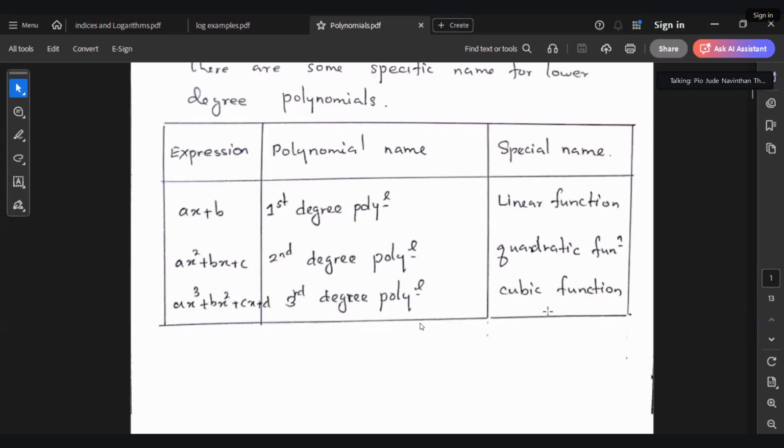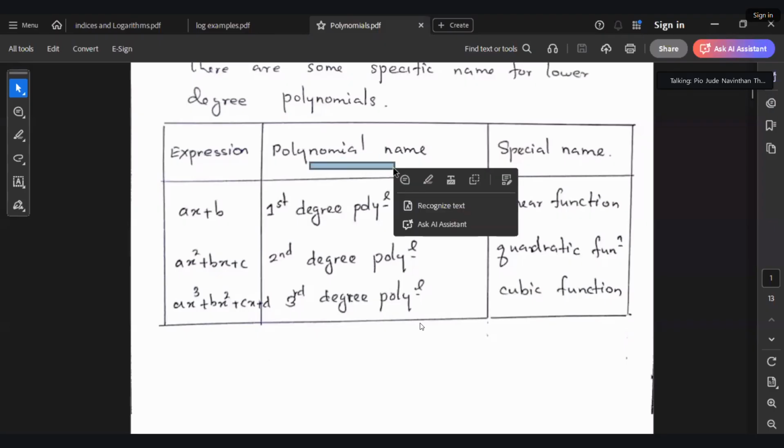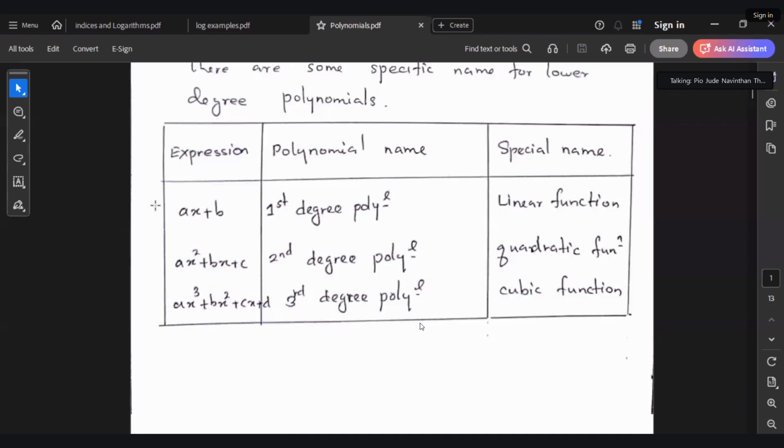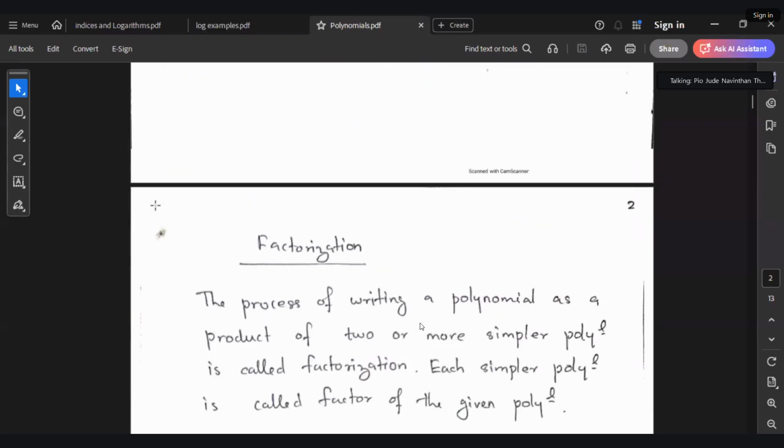So if we have a 10th degree or 20th degree polynomial, we need to split it into small ones, and we will say ax plus b into cx plus d into, like that. So that is the factorization. The polynomial is equal to the product of simple polynomial functions. Okay.